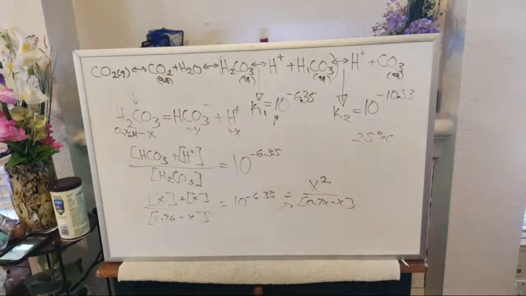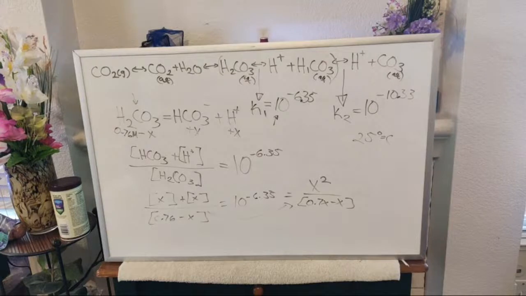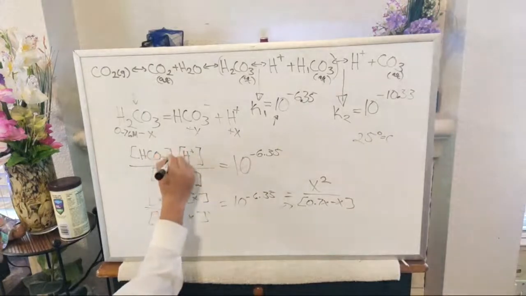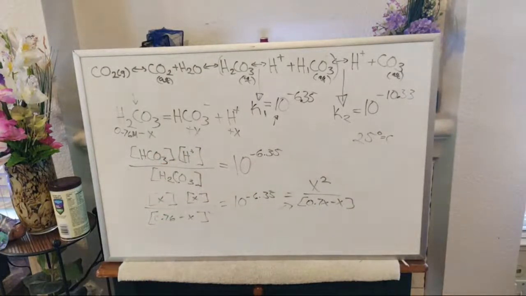You could use the quadratic equation also, but I just wanted to show you guys this real quick. Oh, this is not a plus right here. My bad. That's how you get the x squared.